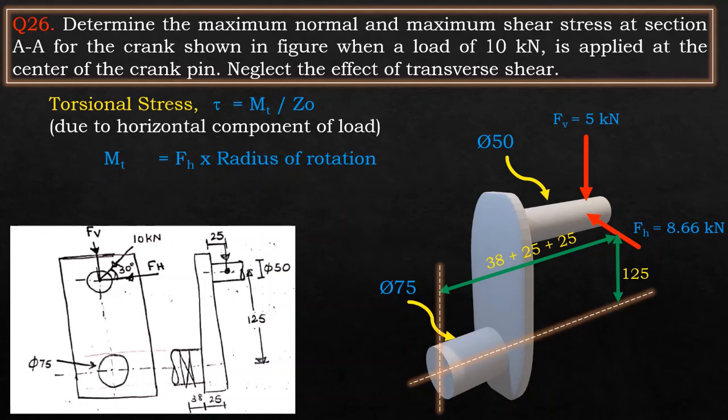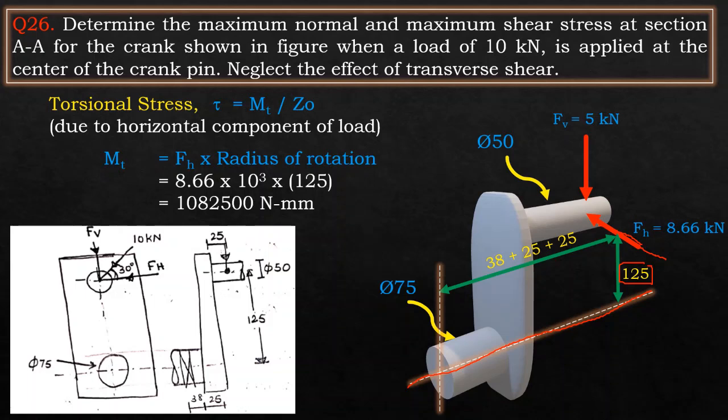In this case, the radius of rotation is nothing but the distance between the axis of rotation and the point of application of load, that is nothing but Fh, is 125 mm. So in this case, we'll be using the formula Fh multiplied by 125 mm, which gives the value of the twisting moment.